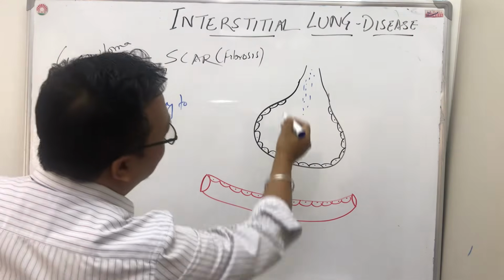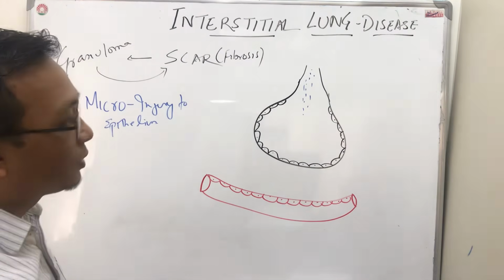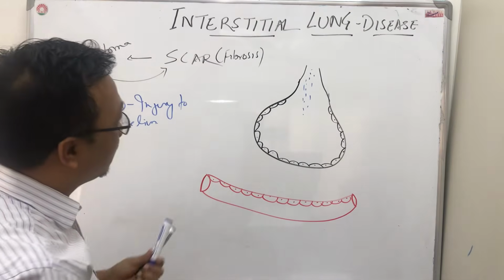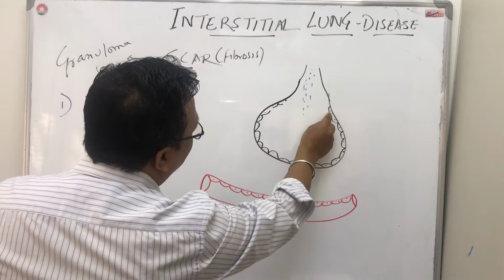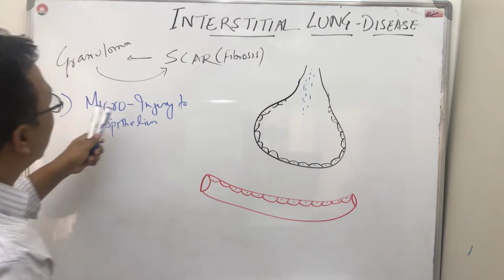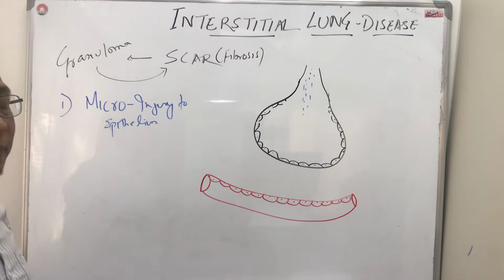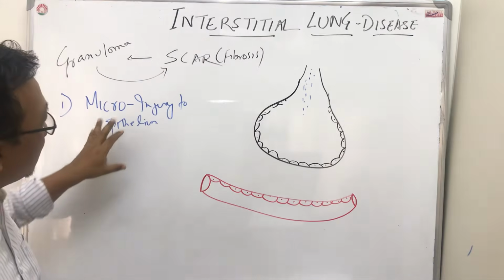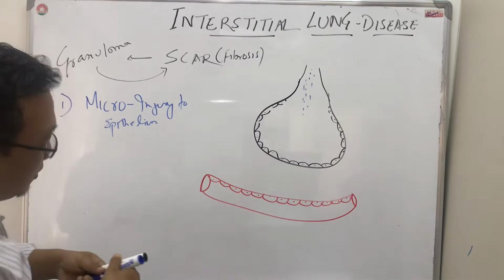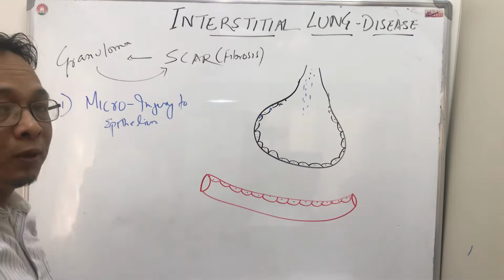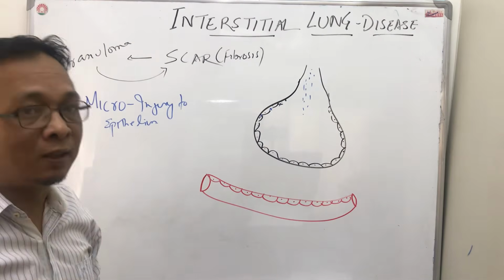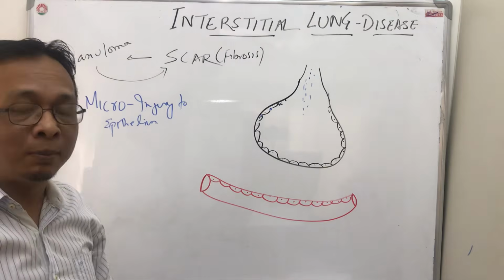So repeated exposure to dust, organic or inorganic, or smoking, can lead to alveolar epithelial damage, which is called micro-injury to the alveolar epithelium. Once this epithelium is damaged, the inflammation process starts.